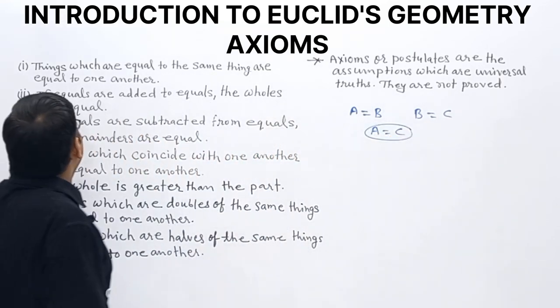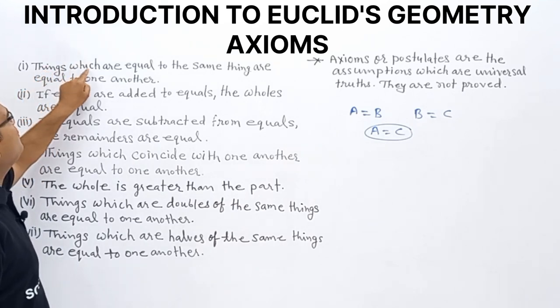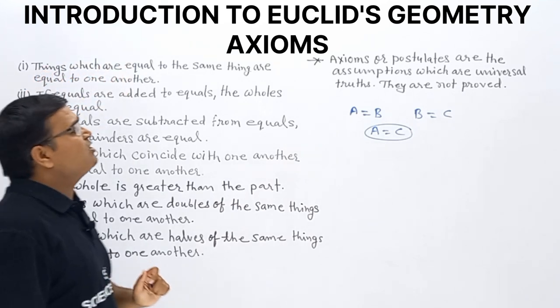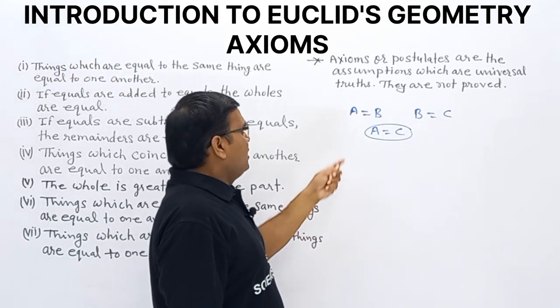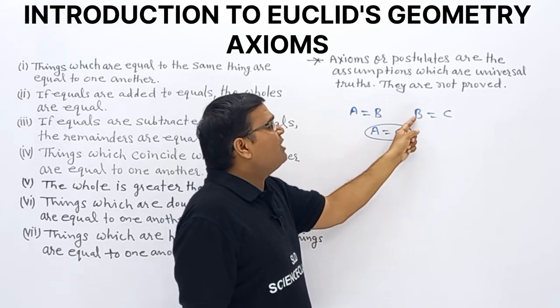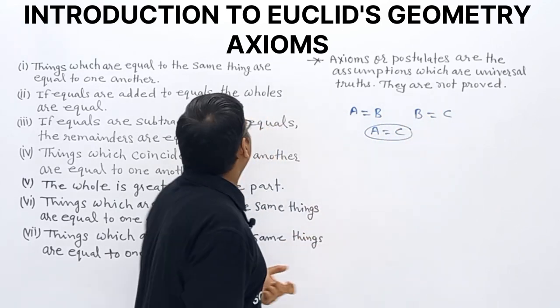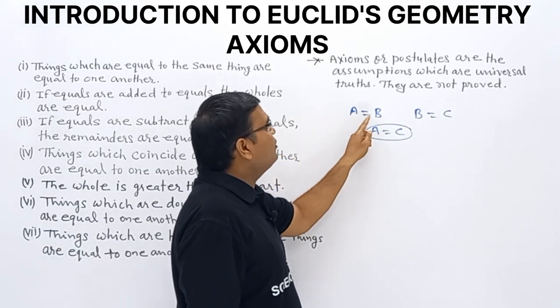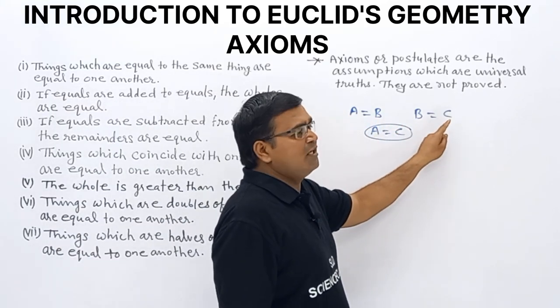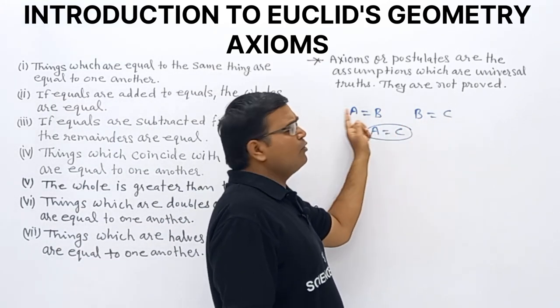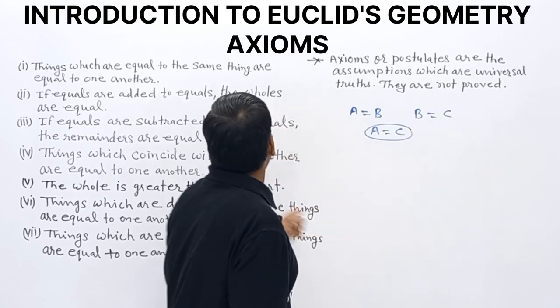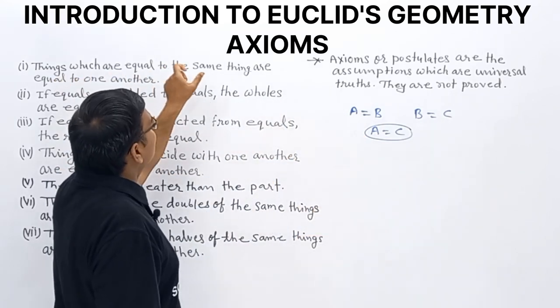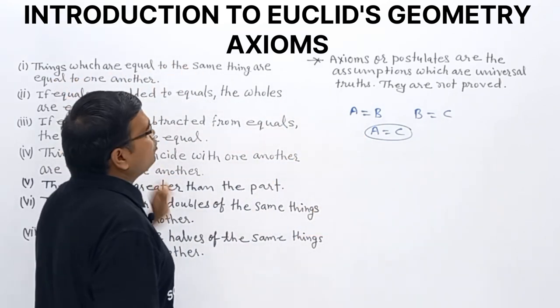This is the axiom. Things which are equal to the same thing are equal to one another.